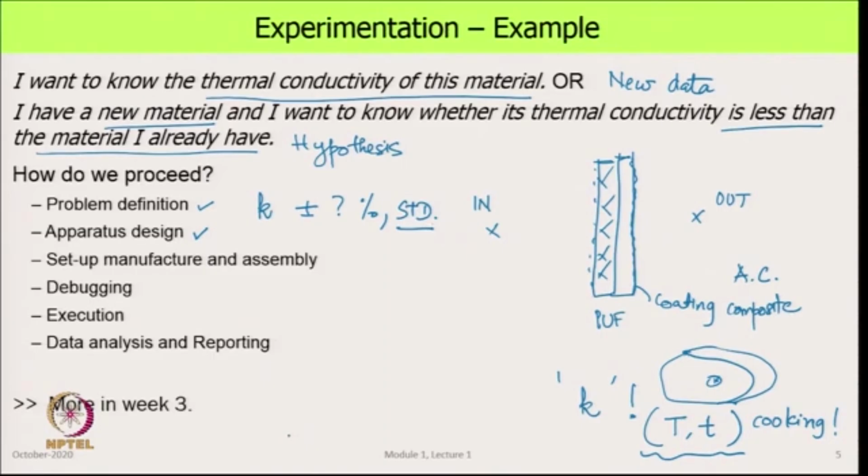So, we take that, and now we have a lot of options before us, because neither the case where we have to make the setup ourselves from scratch, nor the case where we have to make it from a standard, tells us what the size of the sample should be, what the temperature measurement technique should be, or how to measure the length.